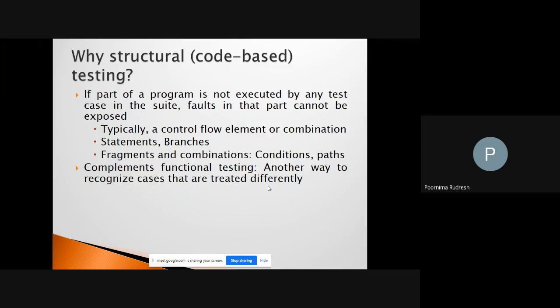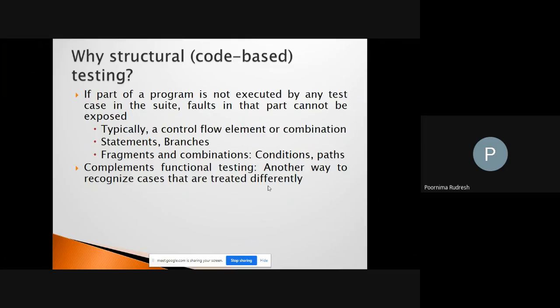Here, the program is a combination of statements, branches, conditions, or paths. So, in the structural testing strategy, we test the entire program either by using statement testing, branch testing, condition testing, or path testing.